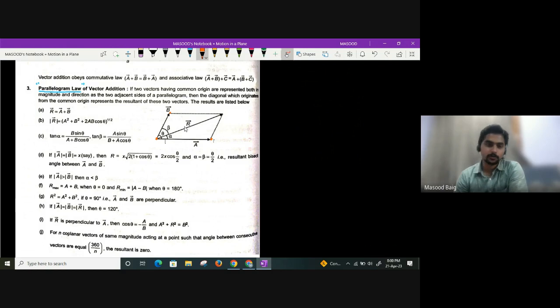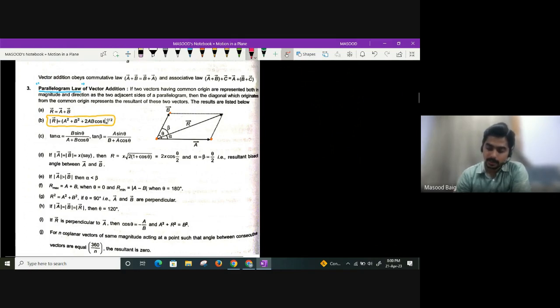So in vector form, we can write R bar as A bar plus B bar. But what would be the resultant magnitude, guys? Very important case again. The resultant magnitude will be given as under root of a square plus b square plus 2ab cos theta. What is theta here?